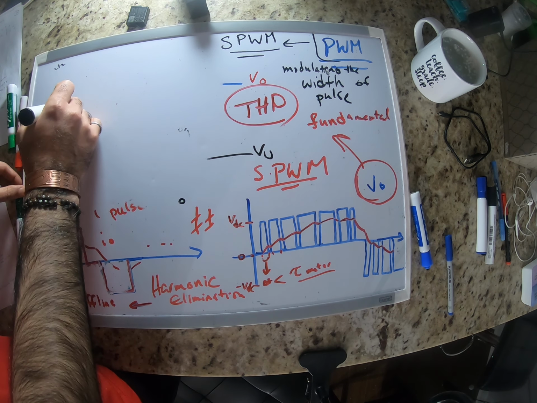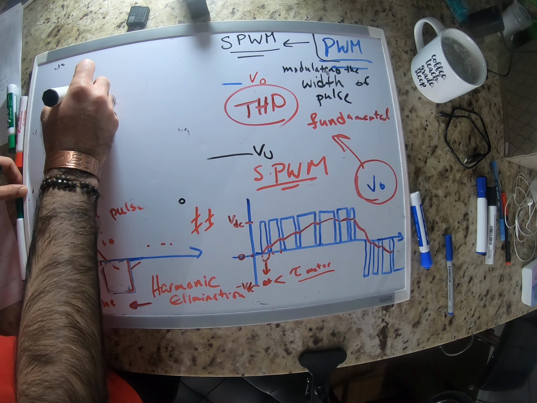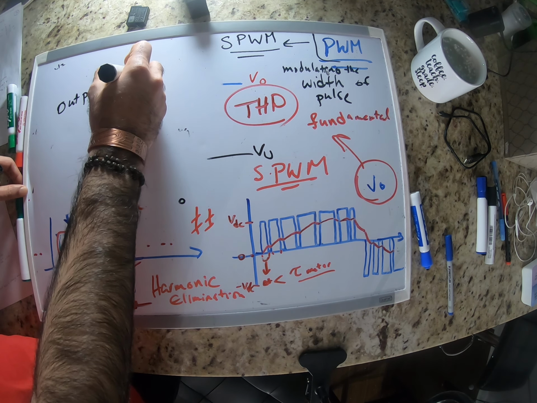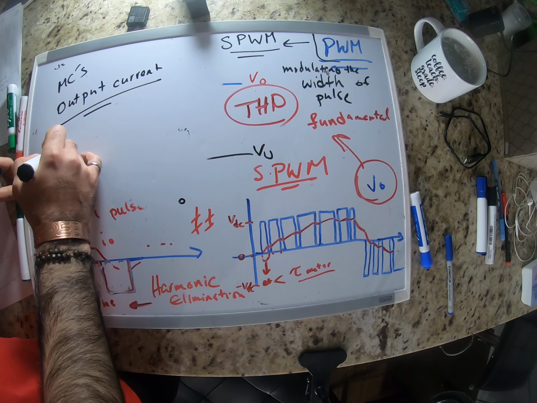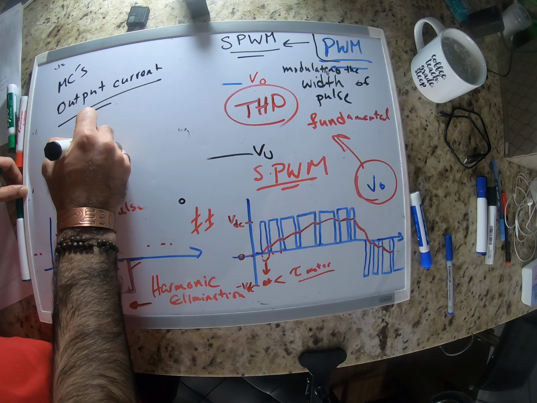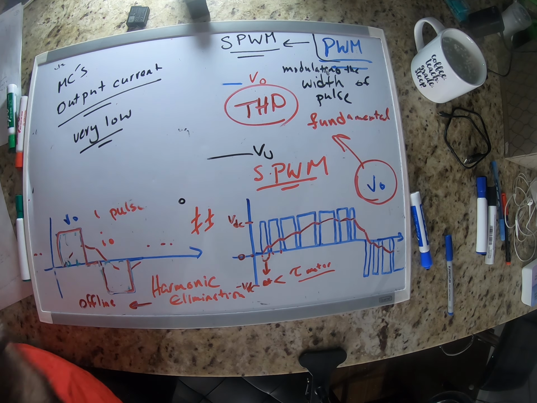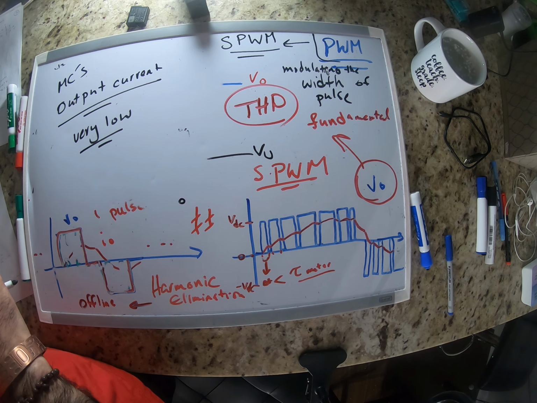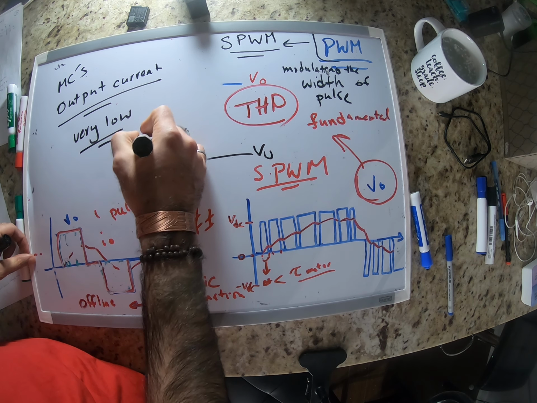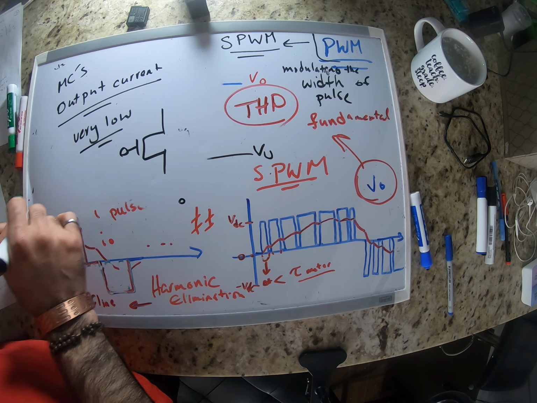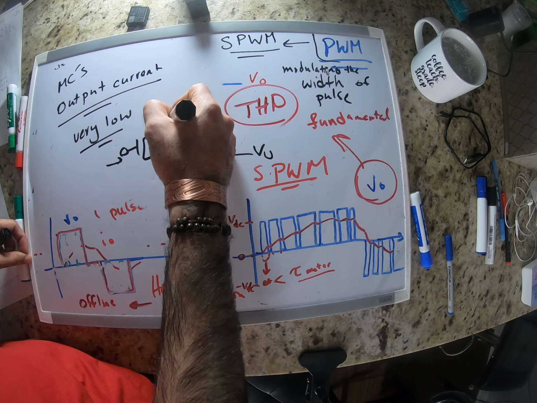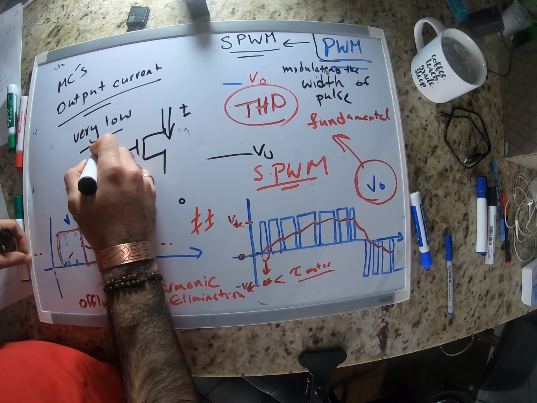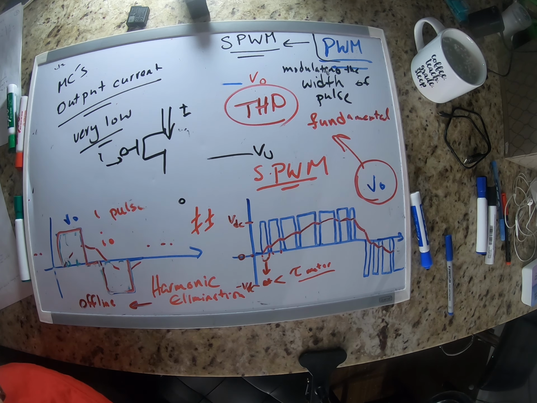Because the output current of a microcontroller is usually very low compared to what we need to turn a high voltage switch on or off. So that's why we use MOSFETs and IGBTs, to use the small current from the microcontroller to turn this one on. This is going to be much higher than this one, right?